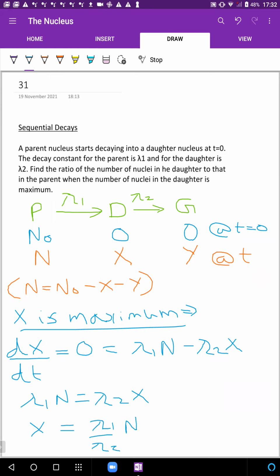And the kind of question I was actually going for was, I was trying to write n as lambda 1 lambda 2 times n naught minus x minus y, so that becomes another linear equation in x, which you can solve for x. But to report the answer for x, you need the value of n naught, which I had given, but you also need the value of y.